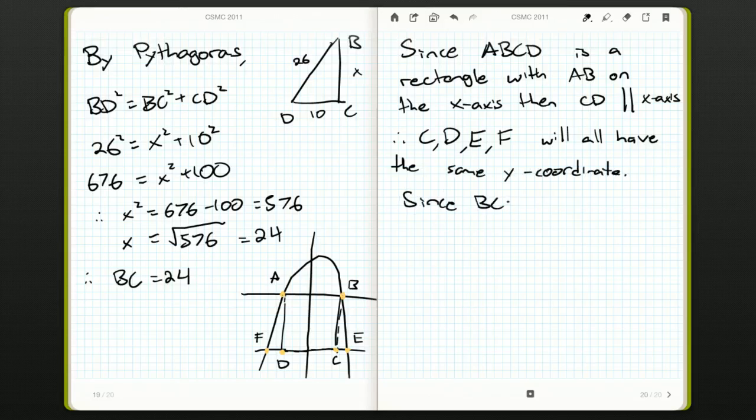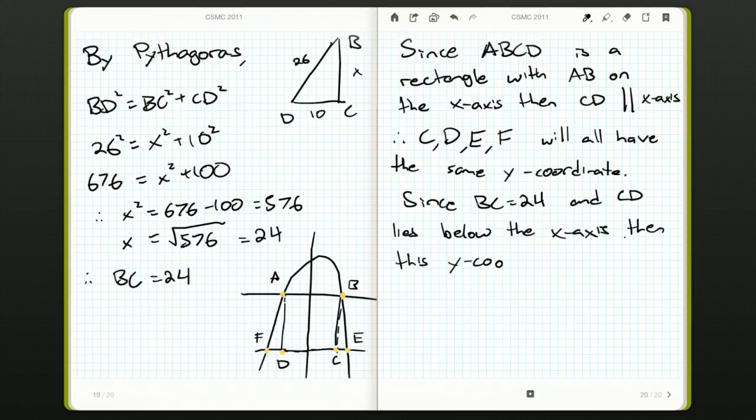Now we know that BC is 24. And our picture tells us that CD lies below the x-axis. This y-coordinate will be negative 24. Okay.